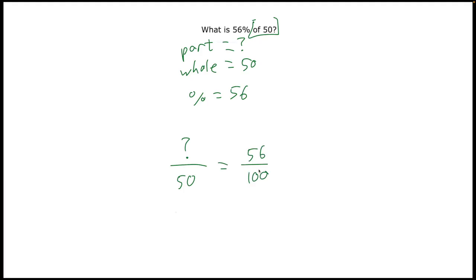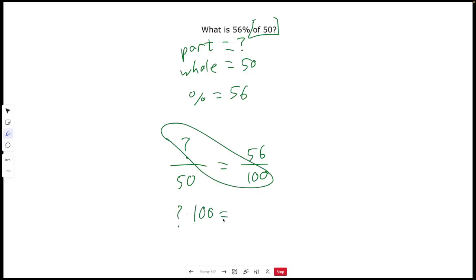And now we cross multiply. So now we have question mark times 100 equals 50 times 56, which is 2,800. And then last step is we divide by the number next to the question mark. So we divide by 100. So final answer is question mark equals 28.